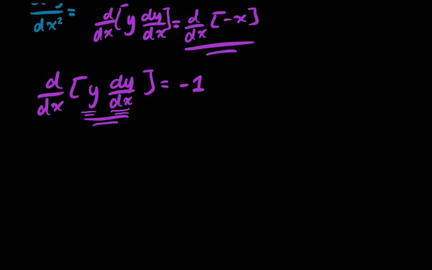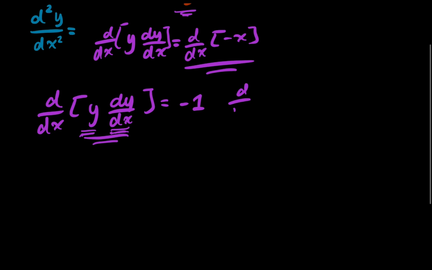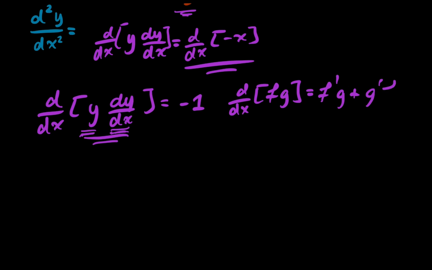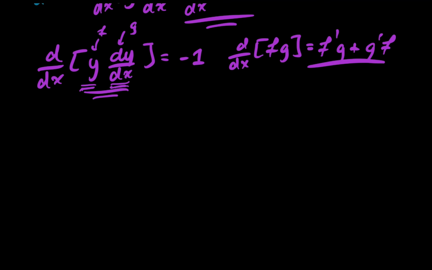We can treat y as the first function and dy by dx as the second function, and then apply the product rule, which tells us that the derivative with respect to x of f times g, omitting the function notation, is f prime g plus g prime f. So the derivative with respect to x of y is just dy by dx, multiplied by dy by dx.